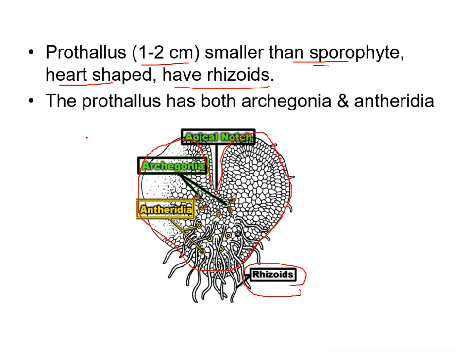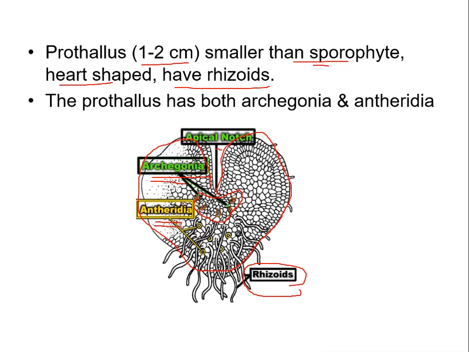Remember, fern produces one type of spore, homosporous, which will develop into a bisexual gametophyte. You can see here, this is one prothallus that will produce both archegonia and antheridia. This is the archegonia, very close to the apical notch, and this is the antheridia, close to the rhizoid. Archegonia will produce egg, antheridia will produce sperm.